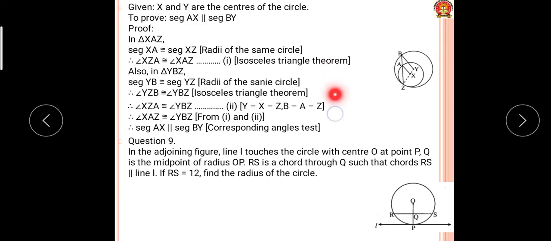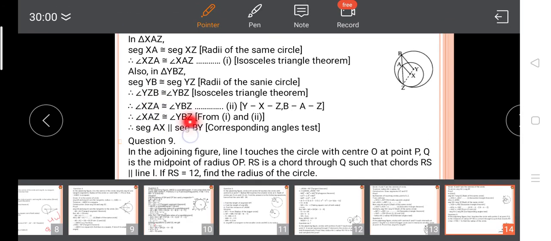And therefore from first and second we can say that, see now here, why first and second? XZ is equal to XZ, one side is equal, therefore the other side is also equal, and therefore XZA is equal to YBZ. So instead of XZA we are writing XAZ because they are equal, and YZB is equal to XZA.